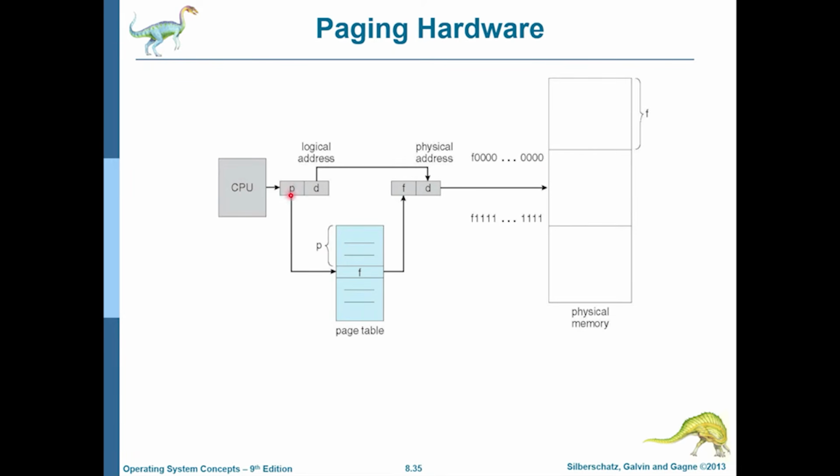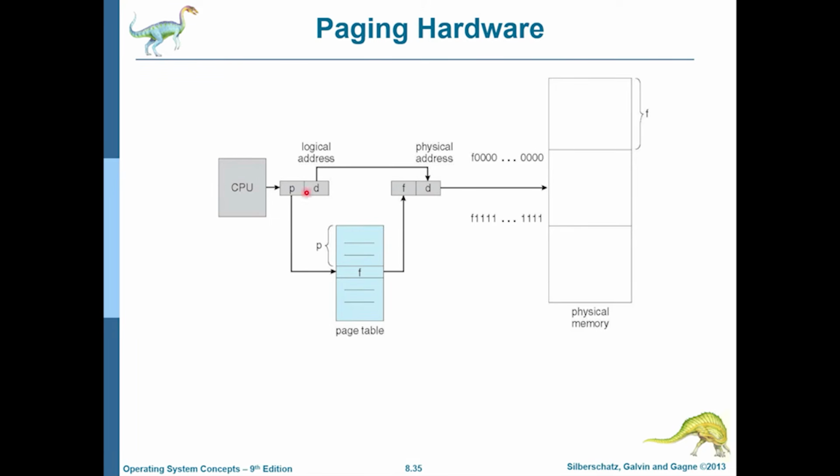So we find the page number from the logical address, we look at the correct page table entry, given by P, and from the entry we figure out the frame number to which this particular page has been mapped by the operating system.